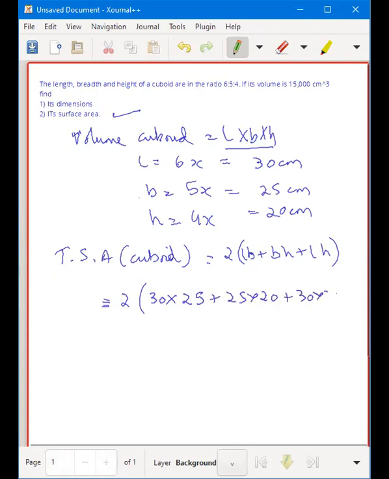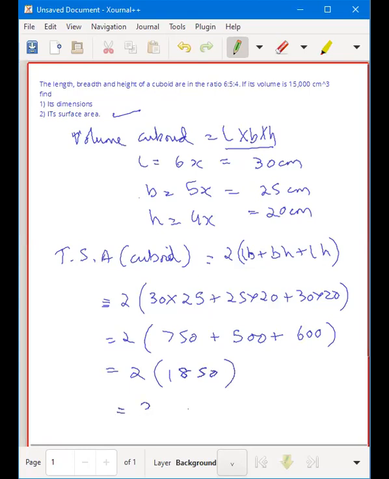That is equal to 1850 centimeters. No. Did you get 750, 500 and 600 in between? Oh, sir, I did a calculation mistake. I wrote 700. No, 750 plus. So just a minute. That is why you should always go step by step, so that the answer doesn't come wrong.